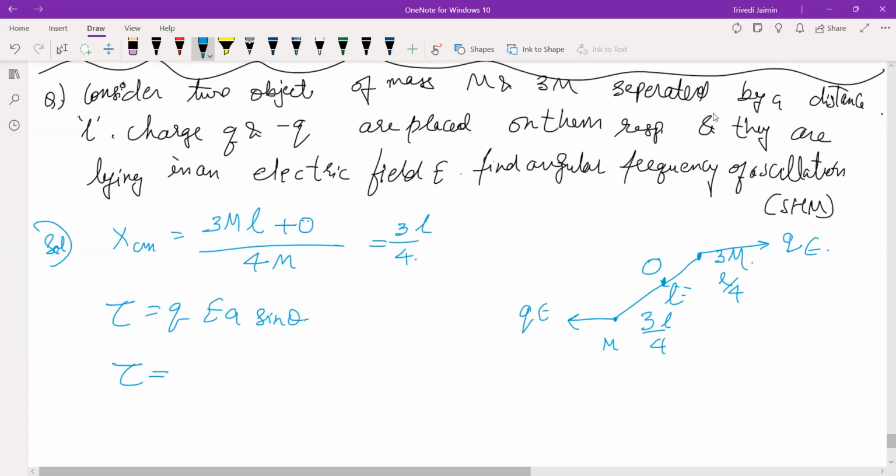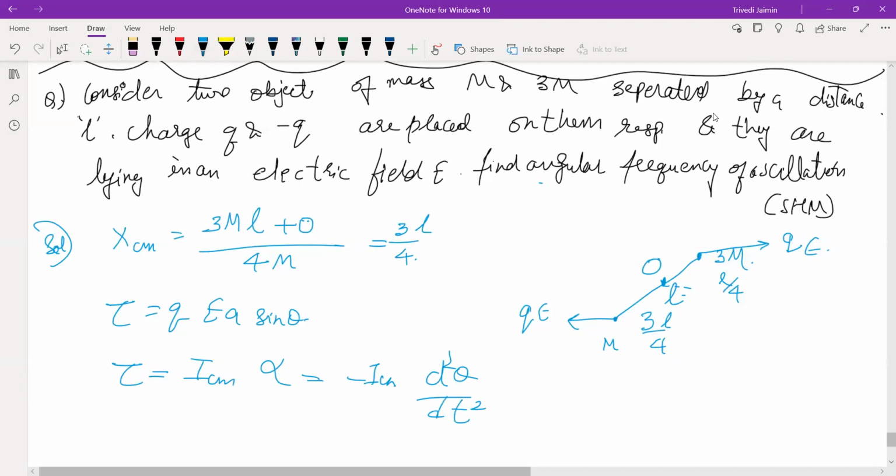And tau, as we saw in system of particles, is I center of mass into alpha, and alpha equals d square theta by dt square, because we want the angular frequency.